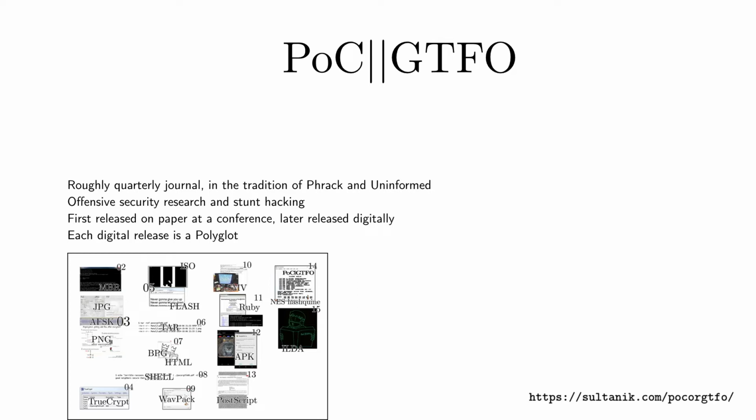I also would like to mention that the PoC in PoC or GTFO stands for proof of concept, or alternatively, pictures of cats. I have to mention this now because the publication was named before I became involved in it, and it was also named before the significant increase in the popularity of alternative meanings for the PoC acronym.